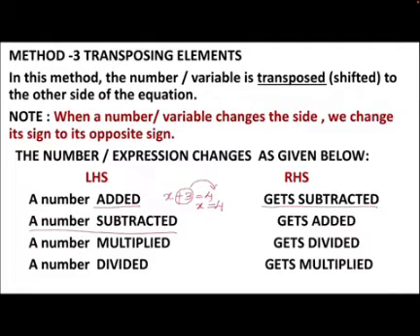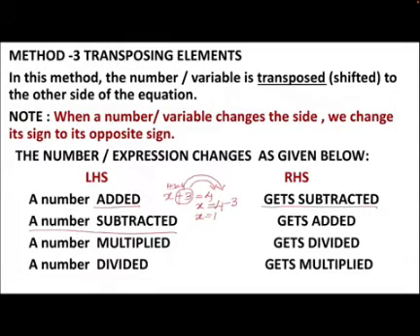Plus 3 is shifting. So plus 3 is coming from LHS to RHS, is it not? So what happens when it comes from LHS to RHS? This plus 3 becomes minus 3. So x equals 1. You can check: 1 plus 3 equals 4.